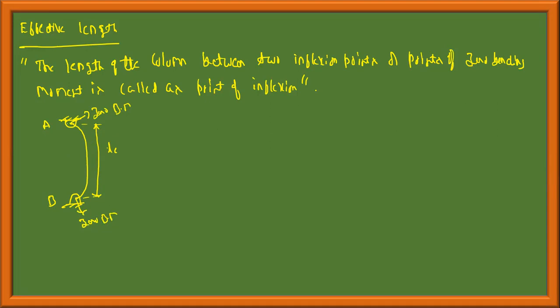So the length of the column between two inflection points or points of zero bending moment. When I consider pin ends, these two points are the points of inflection where the bending moment is zero. Anywhere else there can be any magnitude of bending moment, but at the hinged end, it is free to rotate.